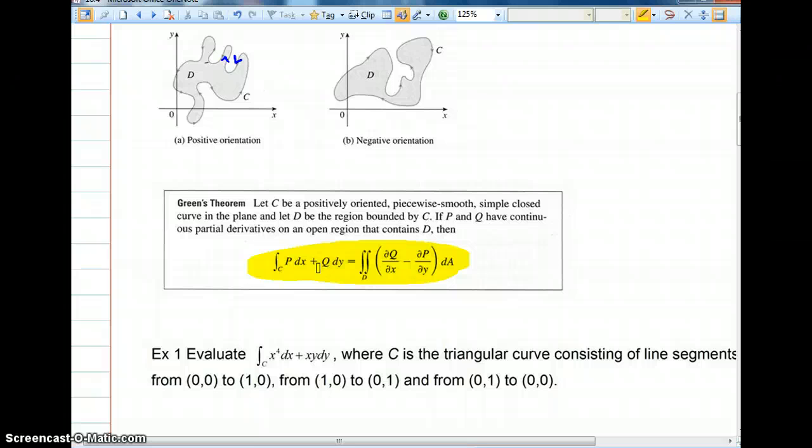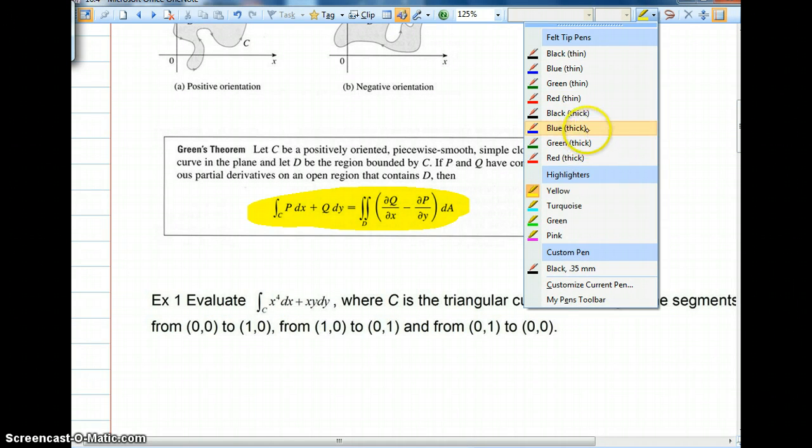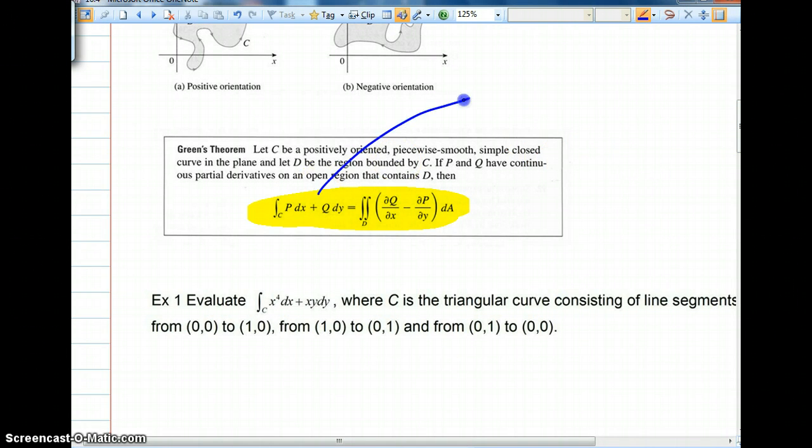One other thing we need to talk about: sometimes they will give you specific information that says your path is going counterclockwise, therefore it has positive orientation. Another notation we're going to see to indicate positive orientation is this symbol right here. It looks like a little ring going around the integral.